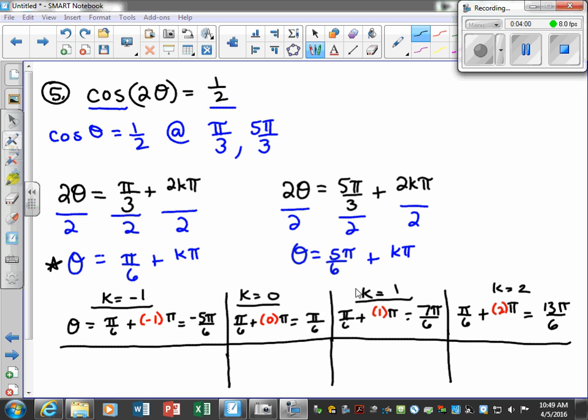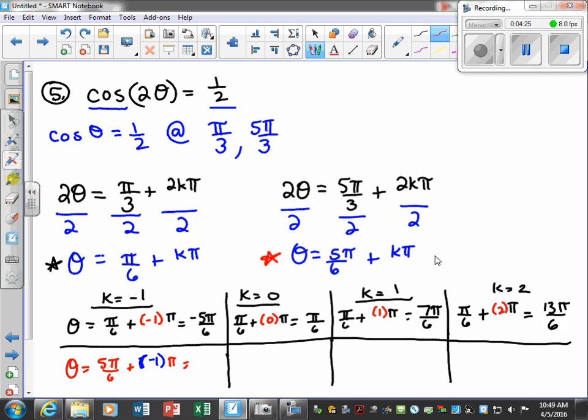Now we're going to do the same thing with this theta, but this time I'll do this one in red. I'll do the first one with you. Theta is equal to 5 pi over 6 plus, this time k is going to be -1, times pi.